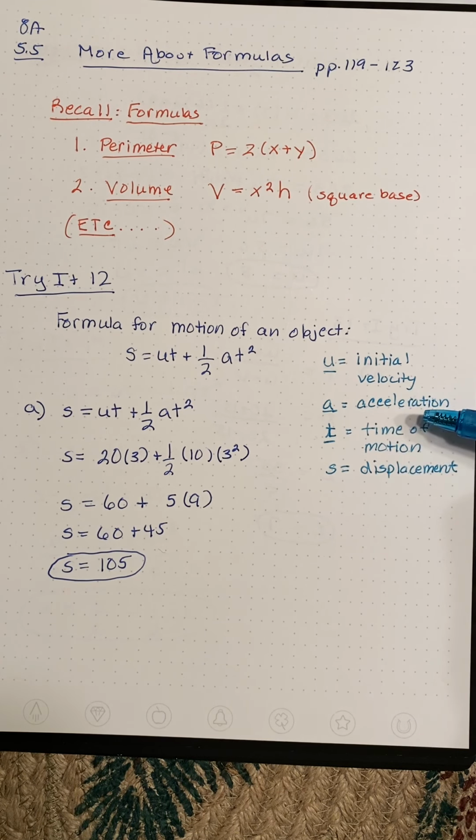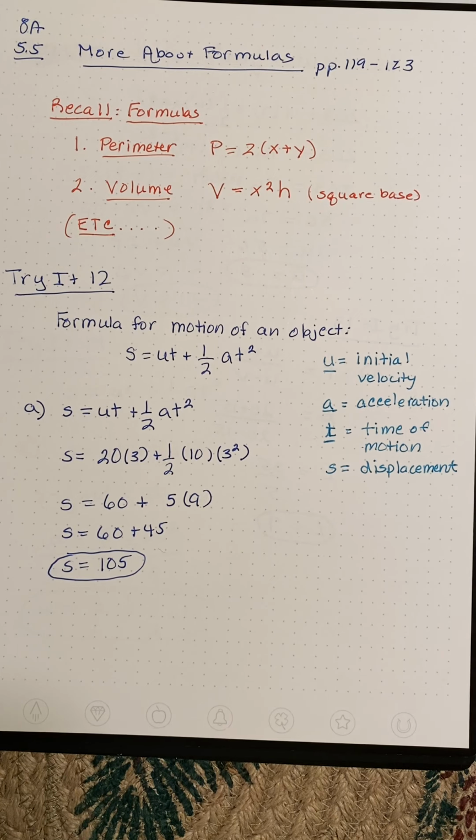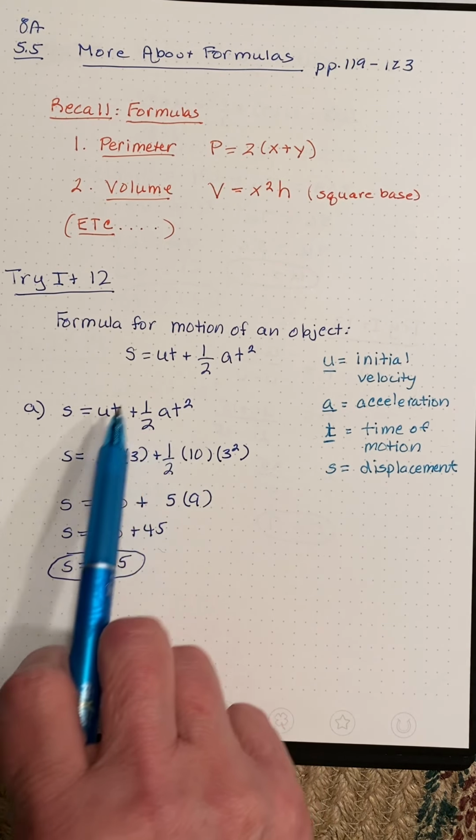A would be the acceleration, so how it picks up speed. T is the time of the motion, and S is the displacement. So all of that working together gives you the formula for motion of an object, in case you ever need to do that. So the first situation is you always copy the formula.